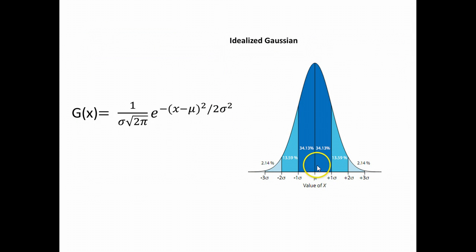So what this does is tie to our Gaussian distribution here. If you remember when we talked about the spread of possible values around a mean, it would be dependent on sigma, the standard deviation of the population.